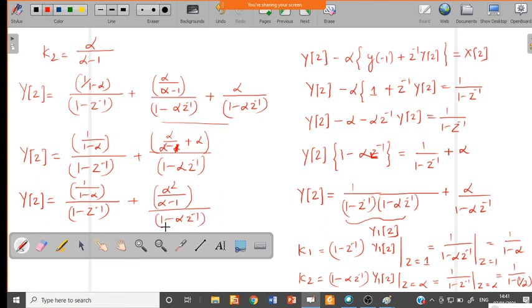Okay, so now take the inverse Z transform.